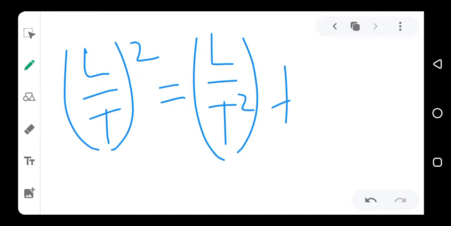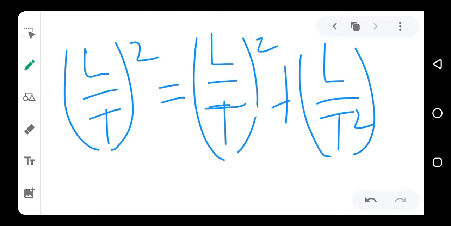We ignore 2, because it is a coefficient in this equation, and every coefficient we ignore. So plus AS, where A is L over T squared, then multiplied by distance, which is L.